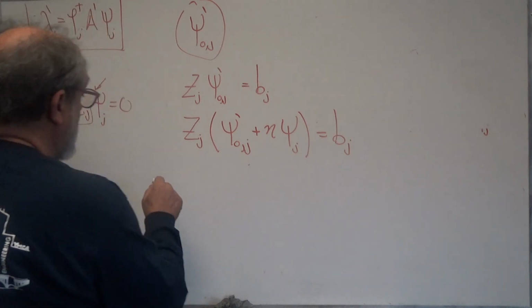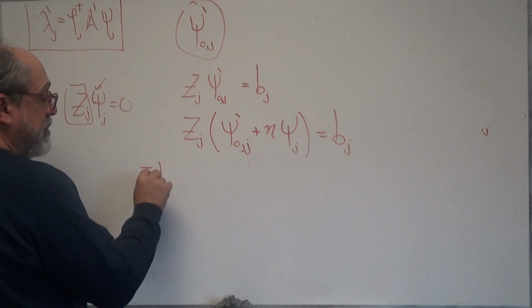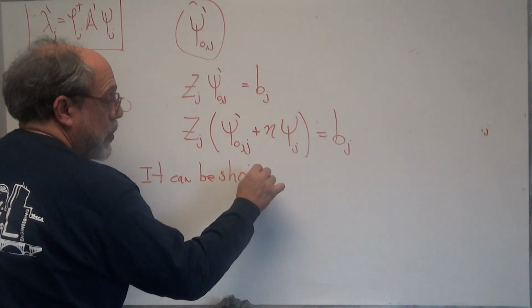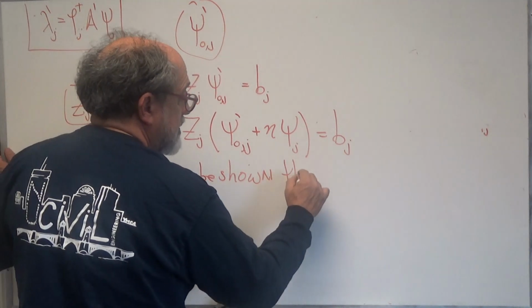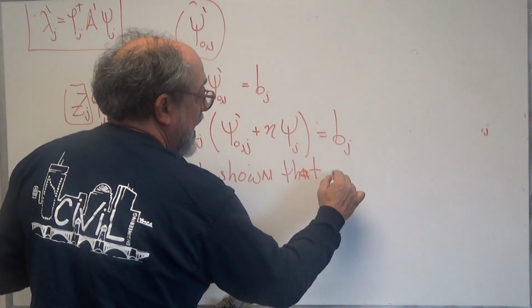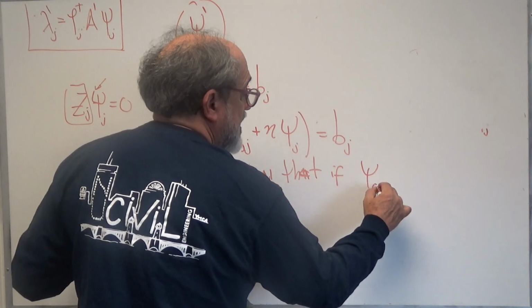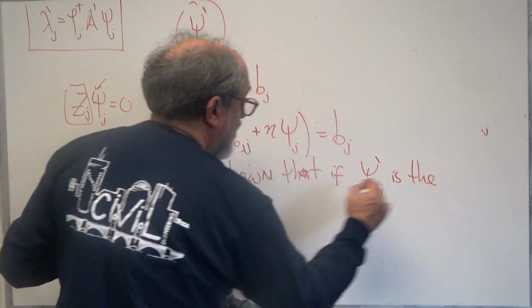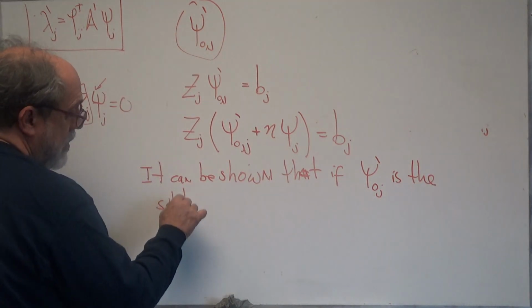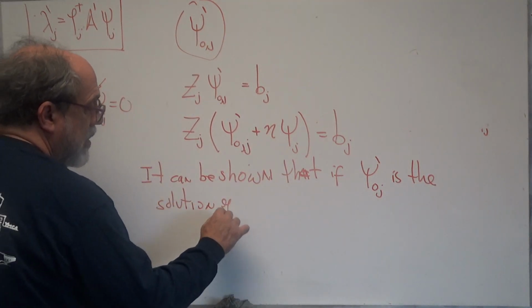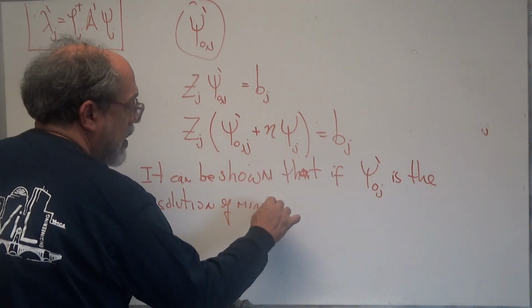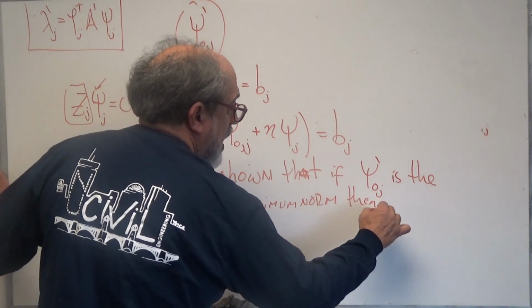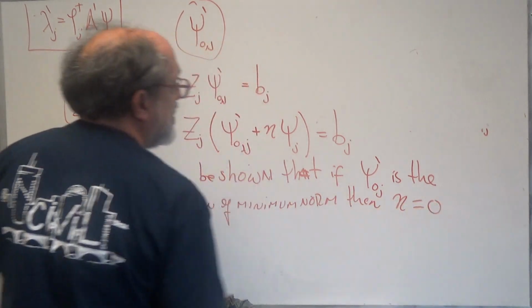But the point is this: it can be shown, at least I have shown, that if phi 0j prime is the solution of minimum norm, then n is 0.